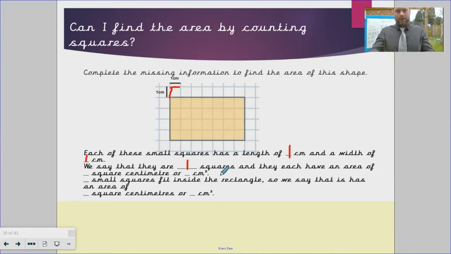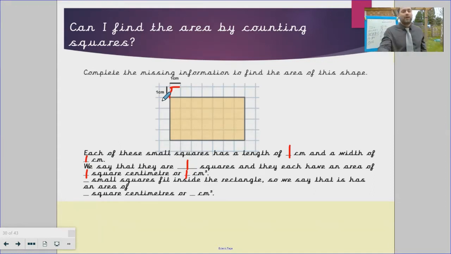It can look like that, 1 cm, and the little 2 here represents what square means. Sorry, I was just reading that. So each one of these squares has an area of 1 centimeter squared.